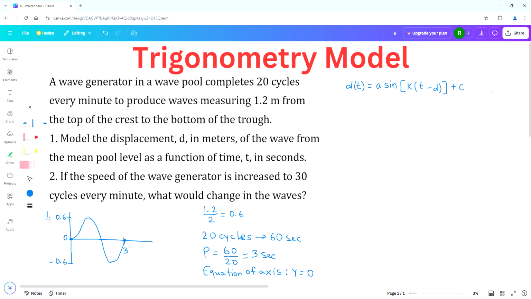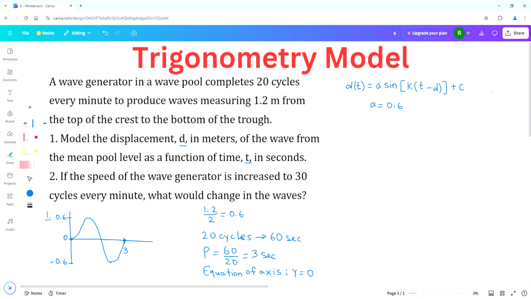We have to use variables d and t as given in the problem. Now we can find the values of a, k, d and c to write the equation of the model. As per the sketch, we can use the positive sine function. So a is equal to the amplitude, which is equal to 0.6.